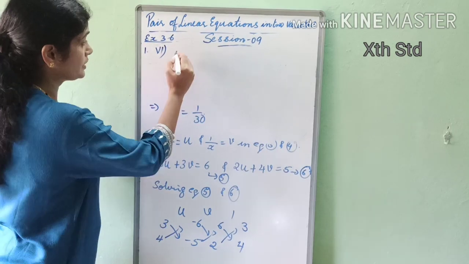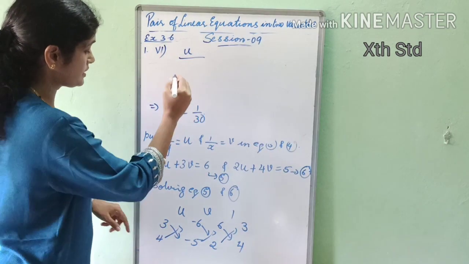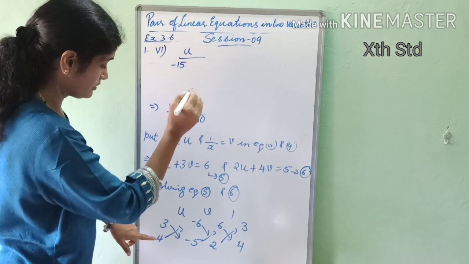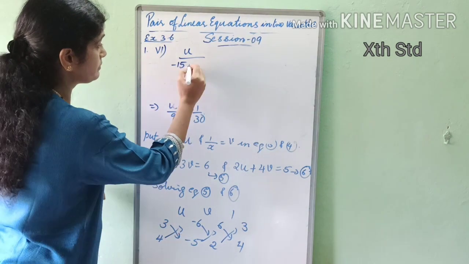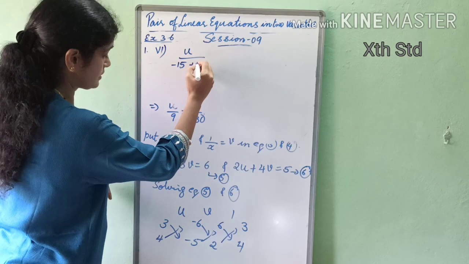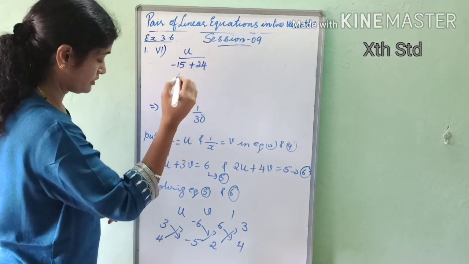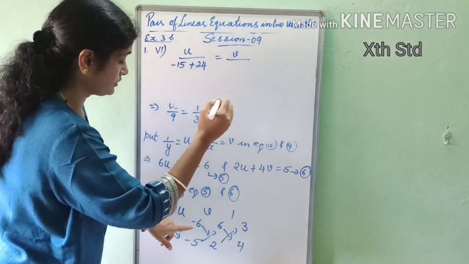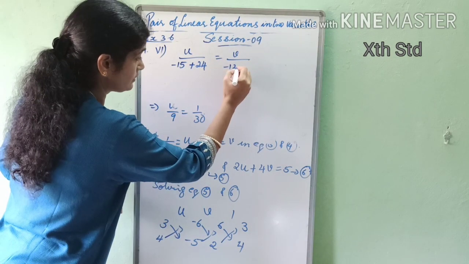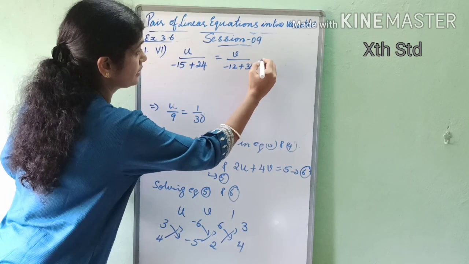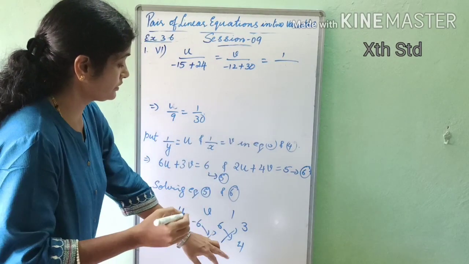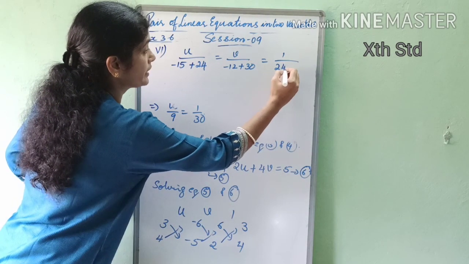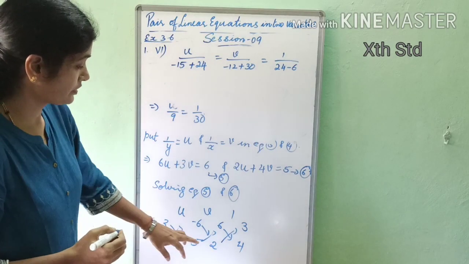Okay, so u upon this is minus 15 plus 24 is equal to v upon this is minus 12 plus 30 equal to 1 upon 24 minus 6, right?